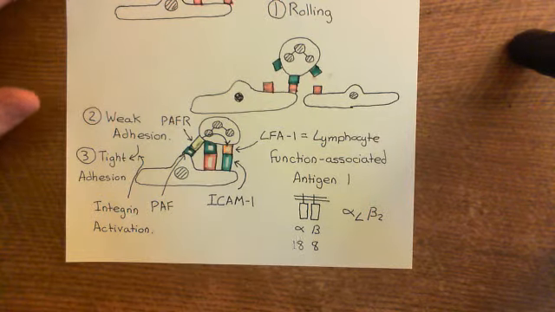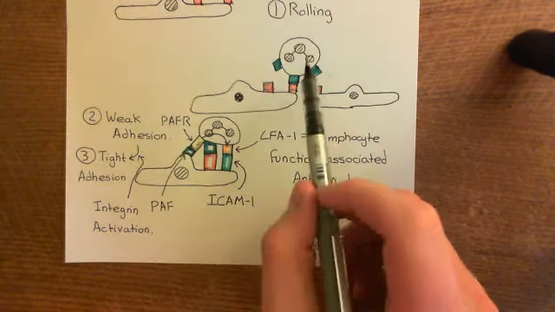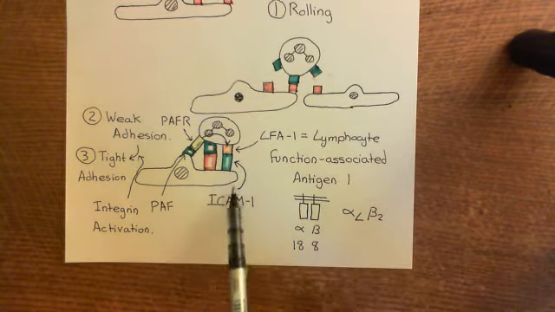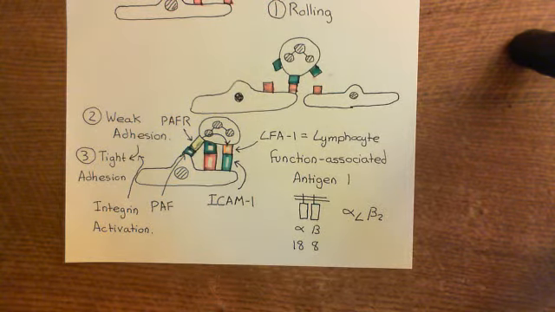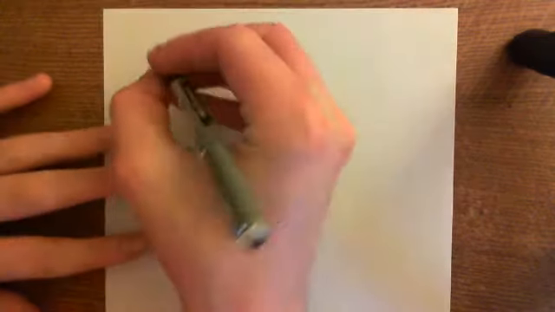Okay, then finally the next process in this leukocyte extravasation is to actually move the neutrophil into the interstitial space. So what's going to happen is a process known as endothelial transmigration, also called diapedesis. Okay, so let me show this.